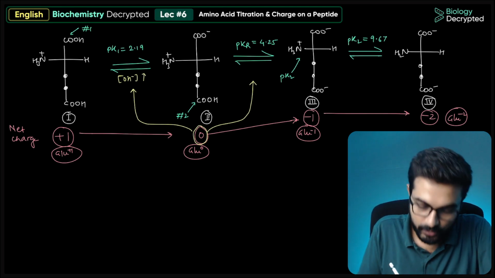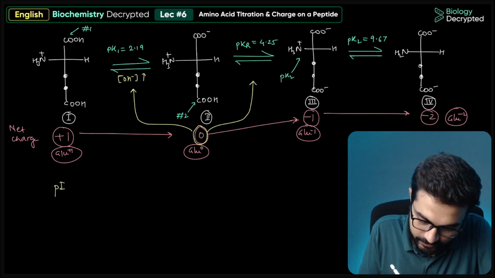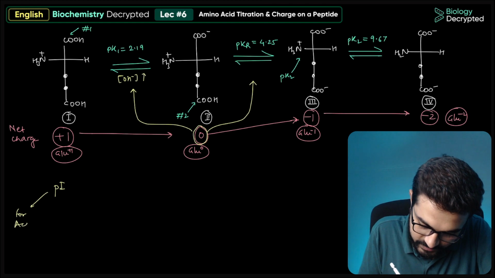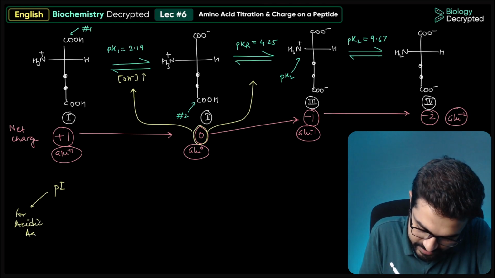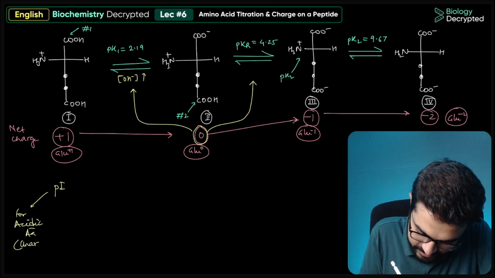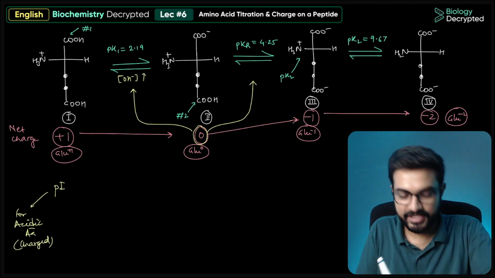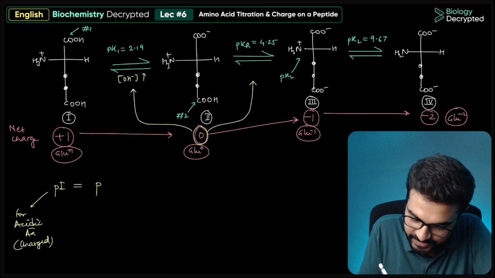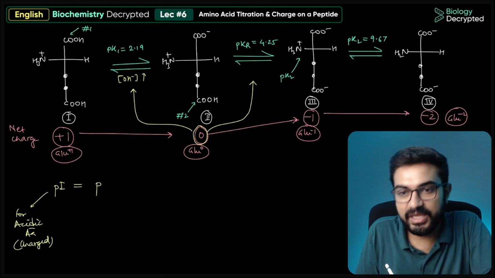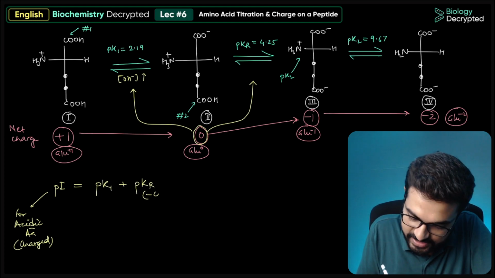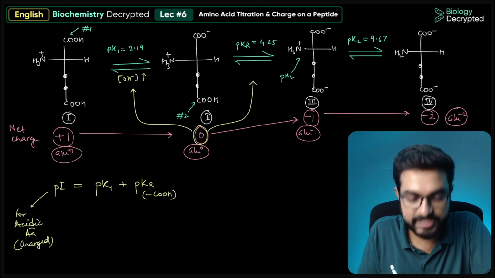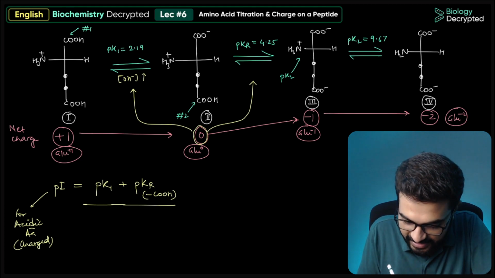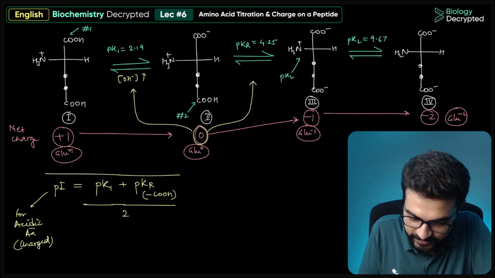So if we want to calculate the pI for acidic amino acids, obviously they are charged. So it will be equal to pK1 plus pKr, and pKr is obviously of the side chain carboxylic acid group, and we will be taking an average of these two. So this is how we will get the pI.